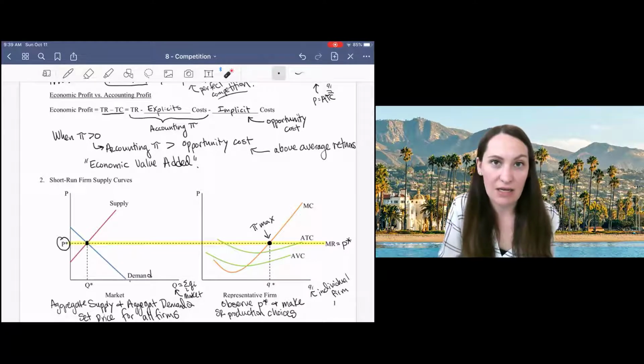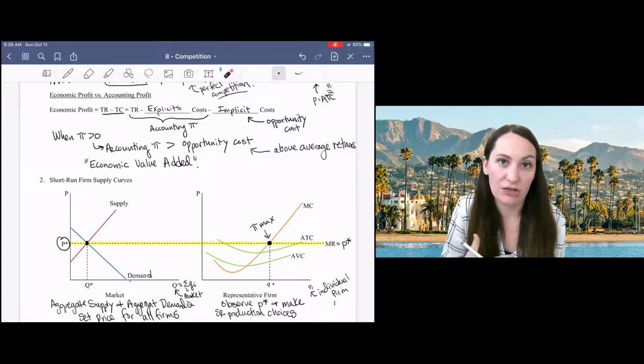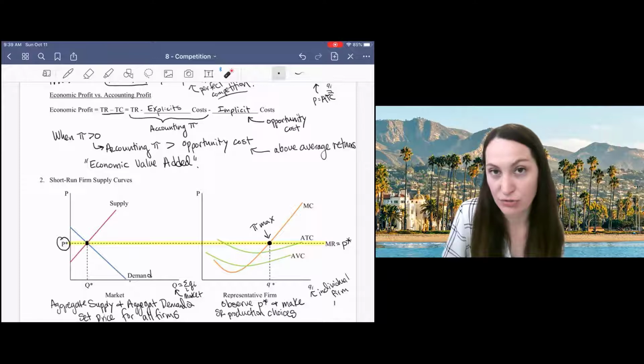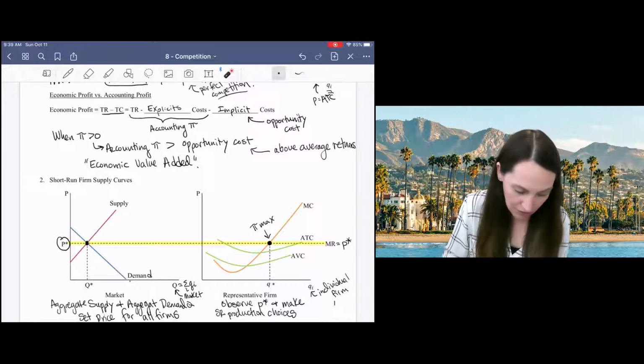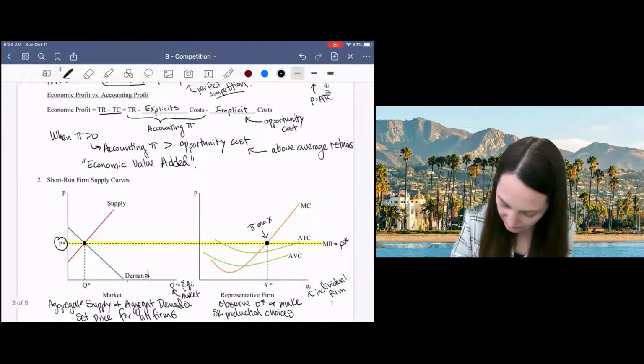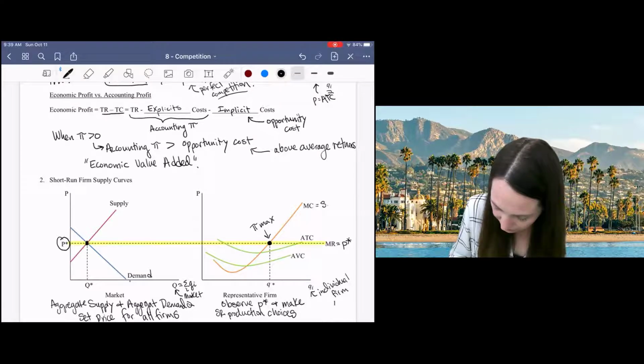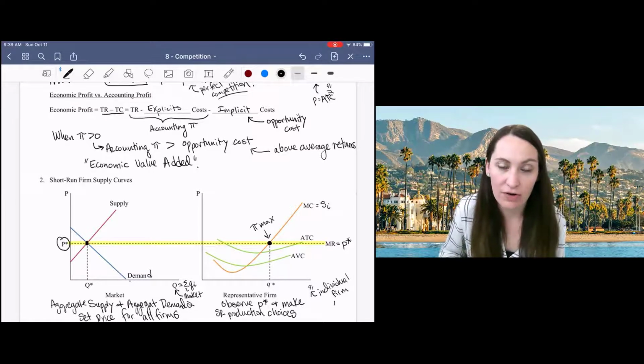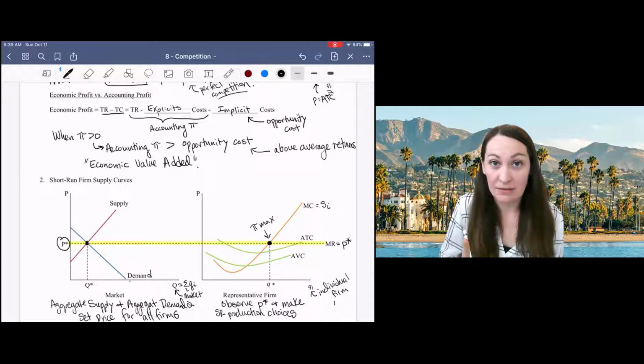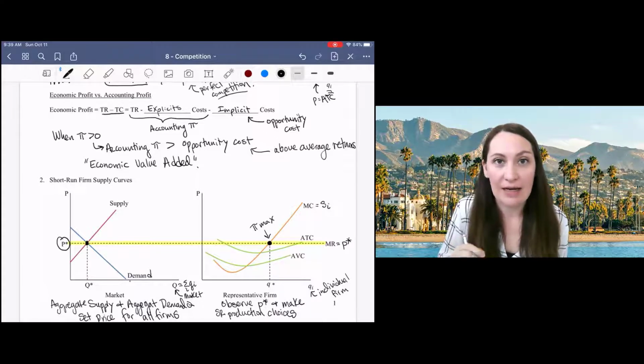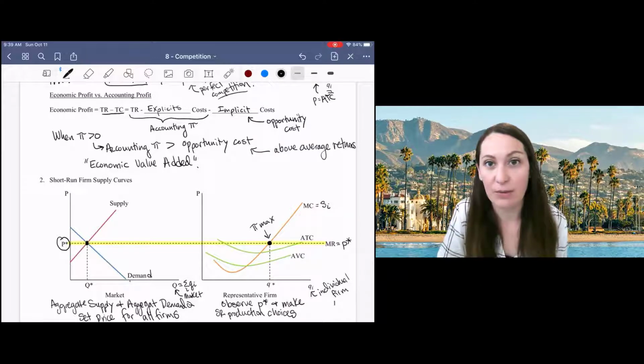And you can start to see here that the marginal cost curve describes the supply, the relationship between the price and the quantity that the firm will produce. So your marginal cost curve is your individual firm supply curve, with one caveat, which is that the price has to be higher than average variable cost.